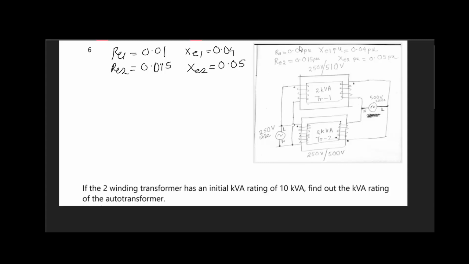Now here the secondary side voltage is the same voltage and is being kept constant by your 500 volt source.